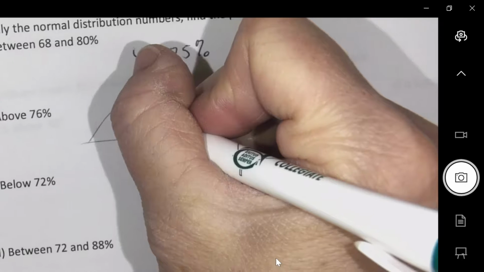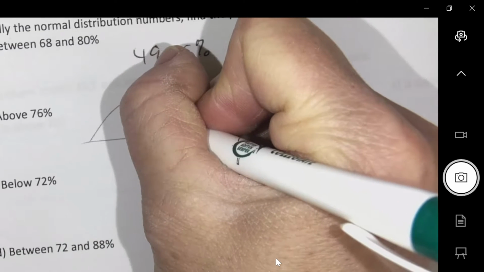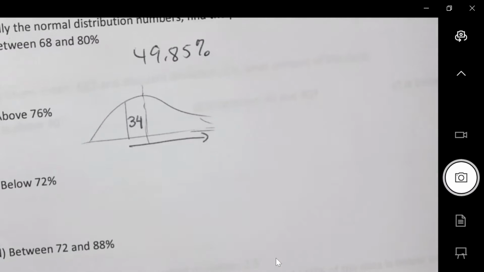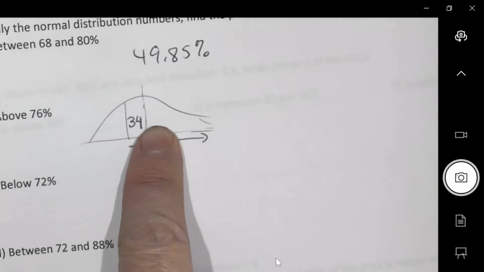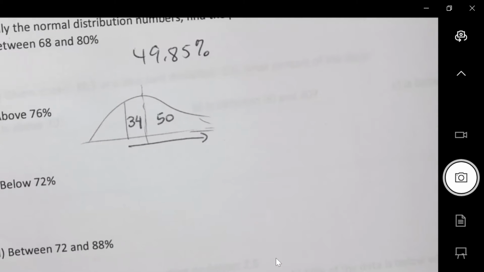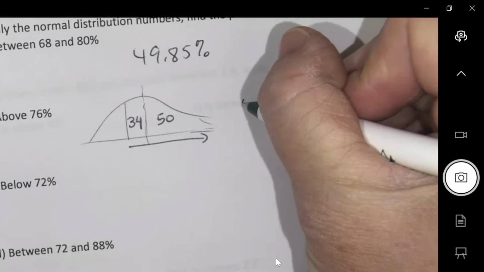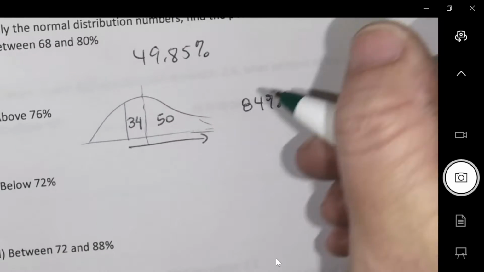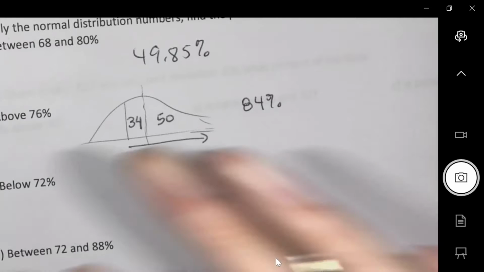This zone on our chart was 34, and then what's this zone? The rest of it is 50. So that would make how much altogether? 84% of the data is above that.